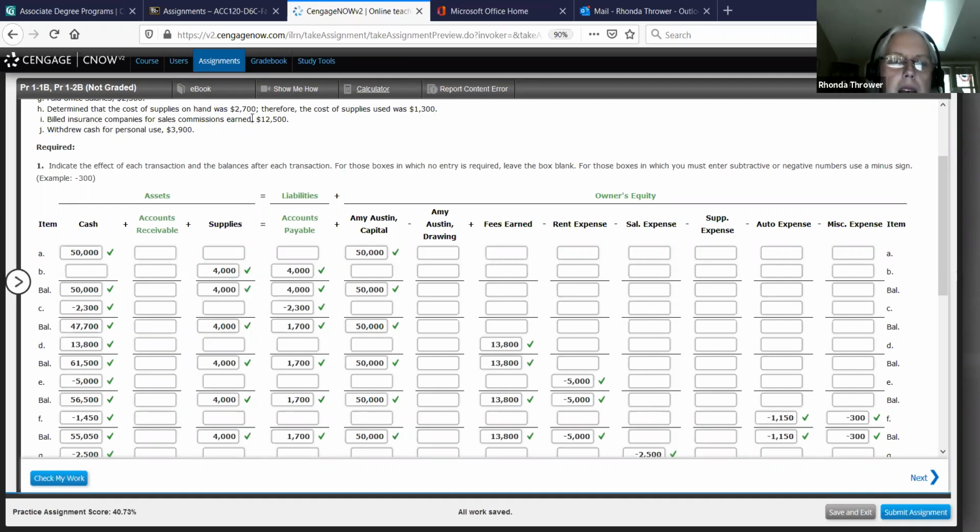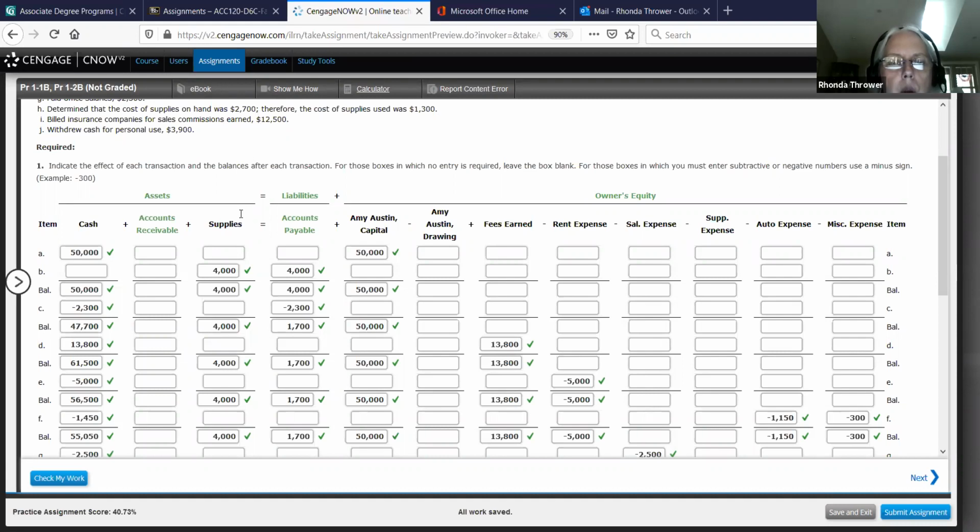What we found out when we took the inventory was that we had $2,700 still left over in supplies. So therefore, we used $1,300. In other words, $4,000 minus $2,700 will leave you with $1,300 that has become expense during this period of time.